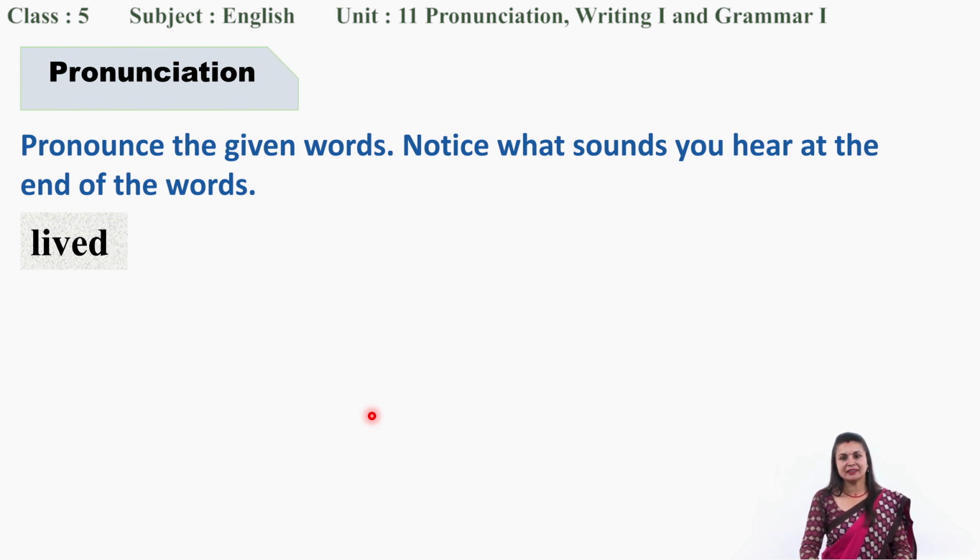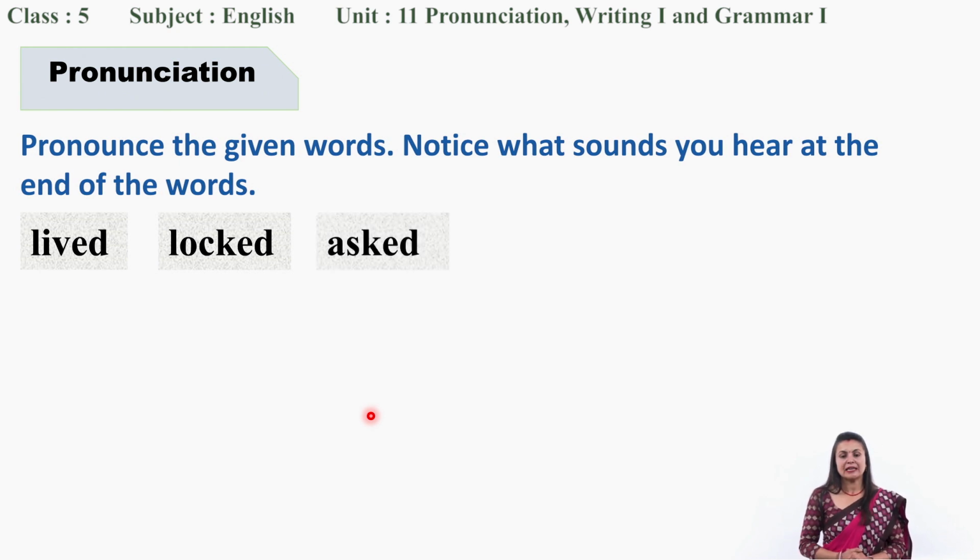Say it once again. Lived. Yes, another word. How do you pronounce it? Oh, no, not locket, that is locked. Yes, the last sound is t. Locked. Say it once again. Locked. That's fine.